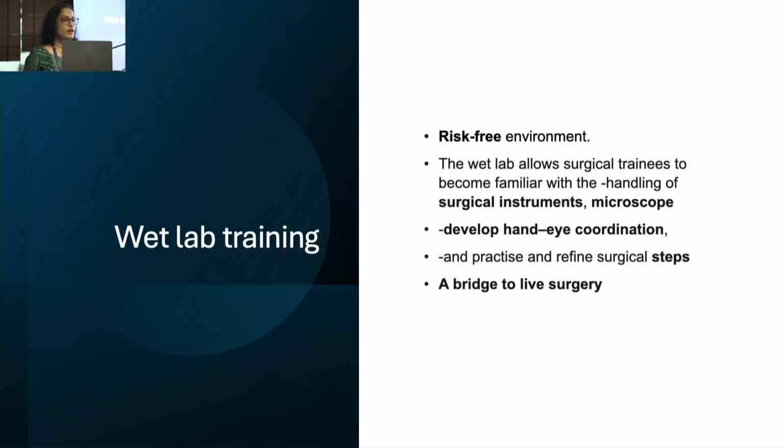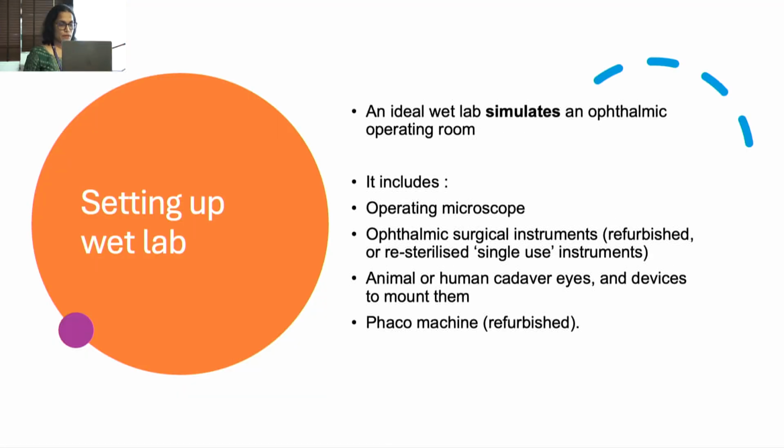Before we do surgery on a live patient, we have to do our homework first. That is where the wet lab comes in. It is a risk-free environment, and it makes the trainees familiar with the microscope and hand-eye coordination. We can refine the surgical steps, and it is a bridge to live surgery.